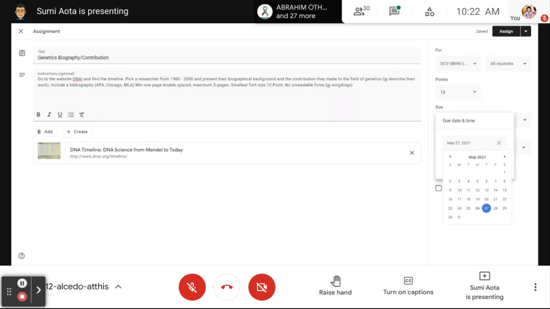Okay, today's the 27th. You guys have Relay for Life tomorrow. So I'm thinking, how about a week tomorrow? Is that enough time if I make it due the 4th? Does that sound reasonable?